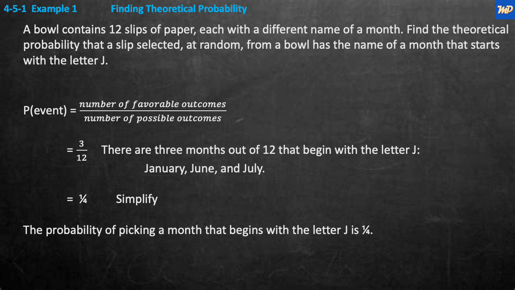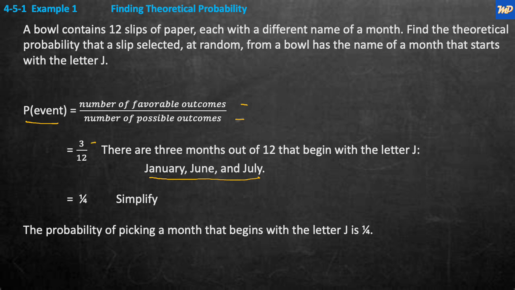So what is the probability of such an event? It's the number of favorable outcomes, months that start with the letter J, versus the number of possible outcomes, how many months there are. So that equals 3 divided by 12. 3 is the number of months that start with J: January, June, and July.